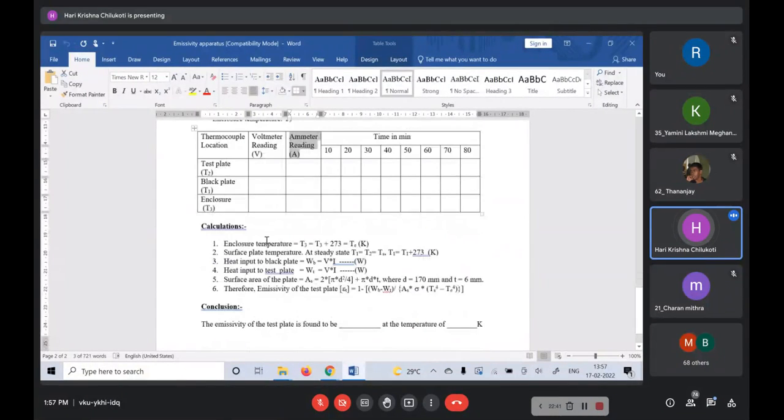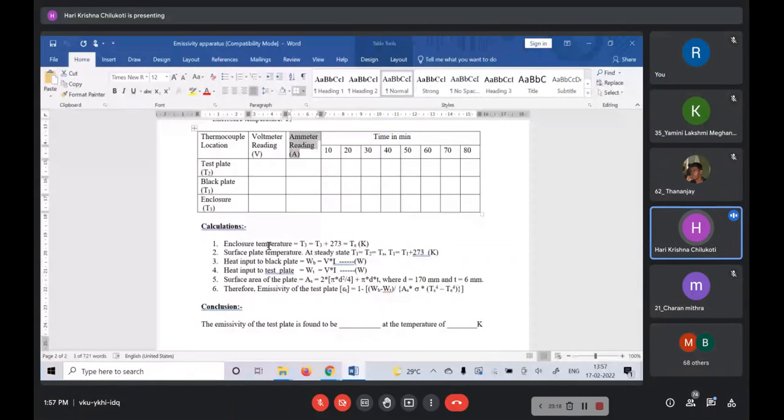As for the calculation procedure, as I have said, we'll obtain the enclosure surface temperature using a thermocouple in the temperature indicator, which we get in degrees Celsius, and will convert into kelvins. And similarly, at the steady state, we know that the surface temperature of the test plate is equal to the surface temperature of the reference plate, which we also get from the reference table.